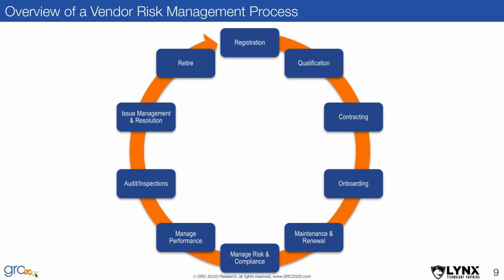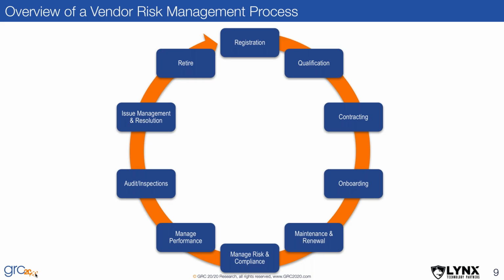And then you move into the contracting phase. And then once the contracts are complete, you onboard them. And from there, you probably communicate more of the vendor code of conduct and other things out to them. And you move into some type of regular maintenance and renewal cycle. From there, you can manage risk and compliance in the ongoing relationship throughout it, and performance.